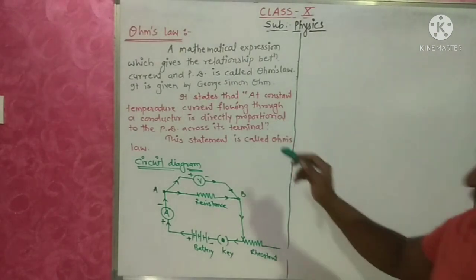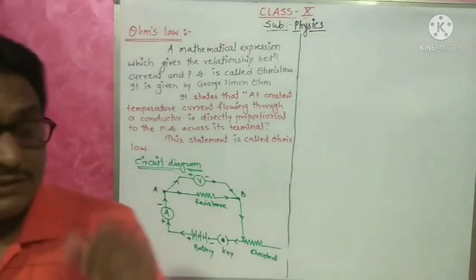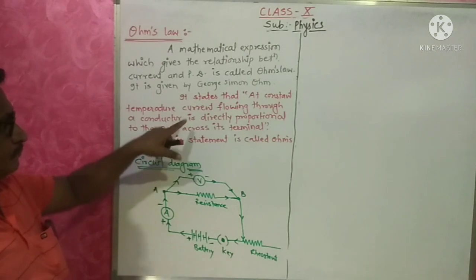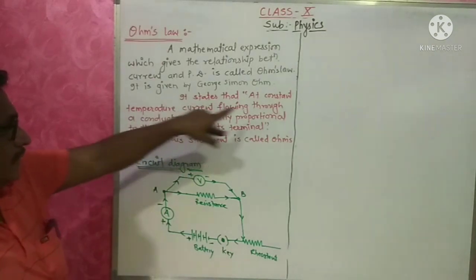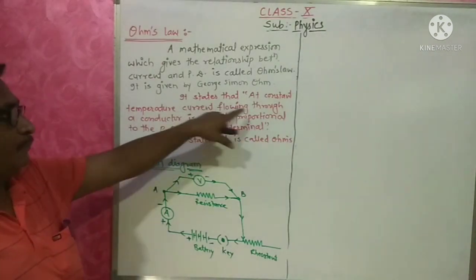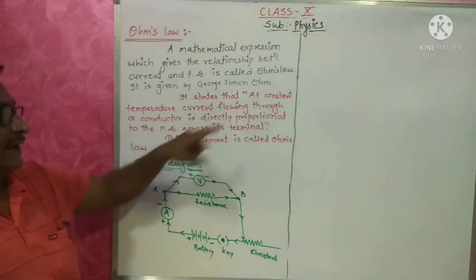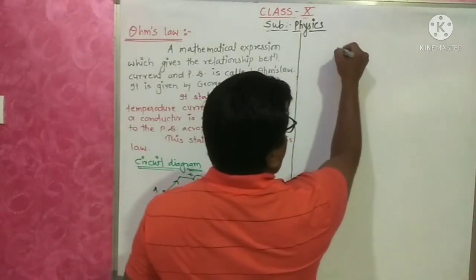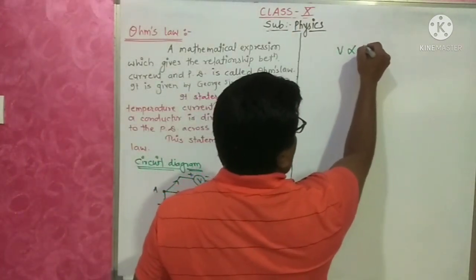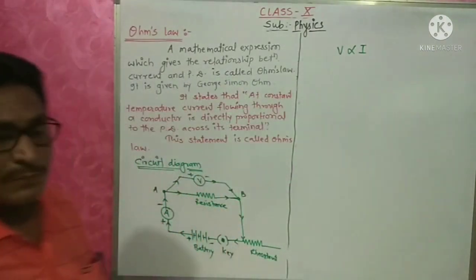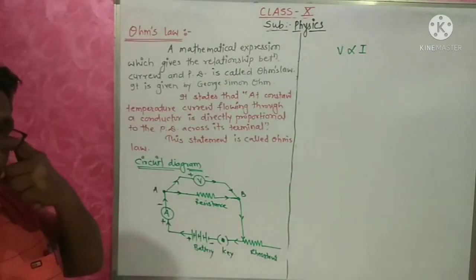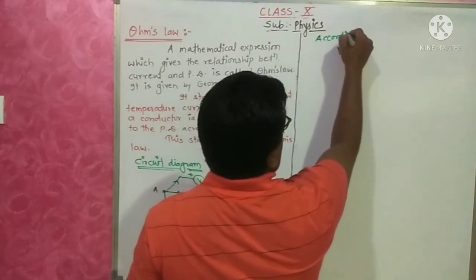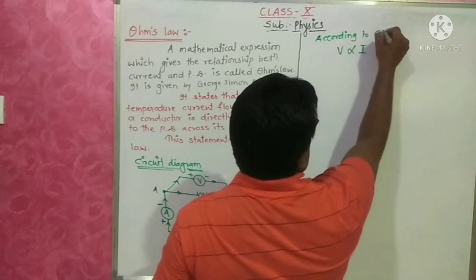According to this statement, what is the mathematical expression? At constant temperature, current flowing through a conductor is directly proportional to the potential difference, meaning V is proportional to I, according to Ohm's law.